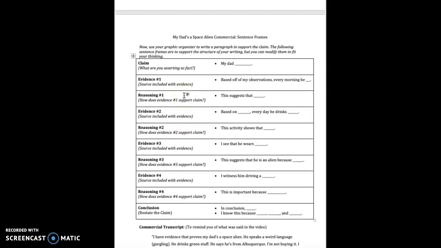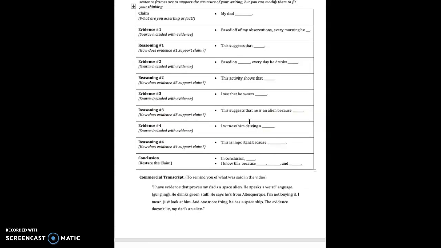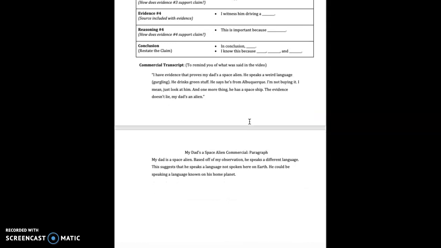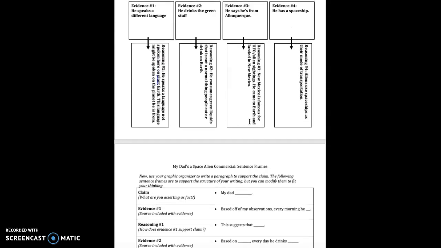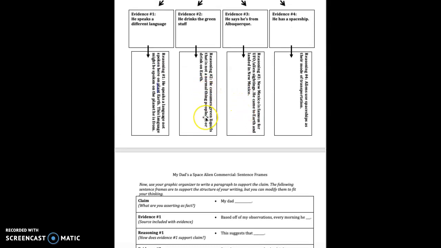Evidence number 2. Based on blank, based on my observations, every morning he drinks green stuff, right? So we'll come back up here and now we'll write our evidence.